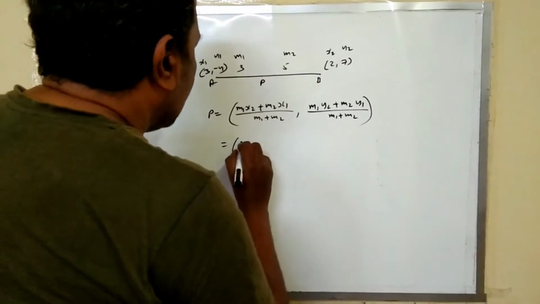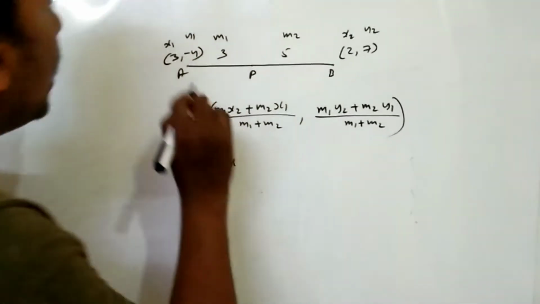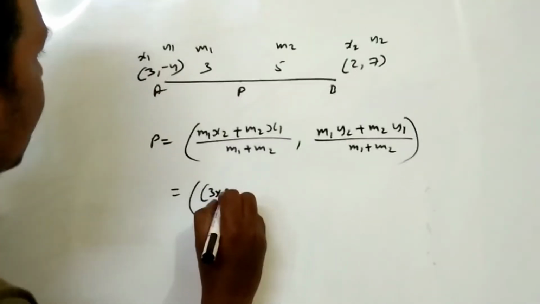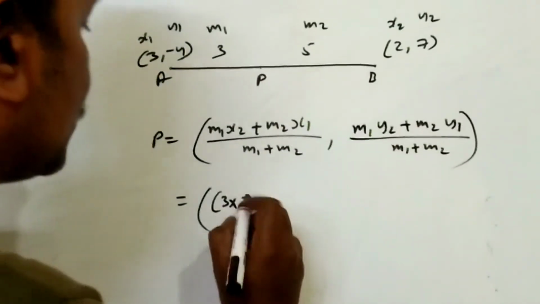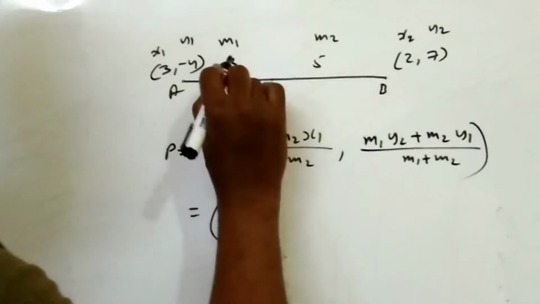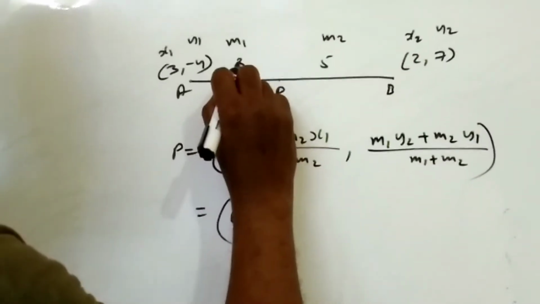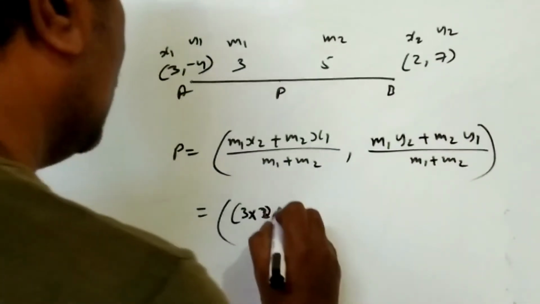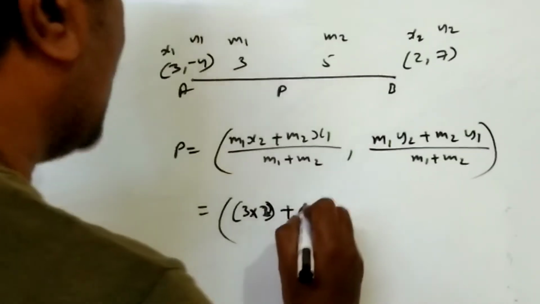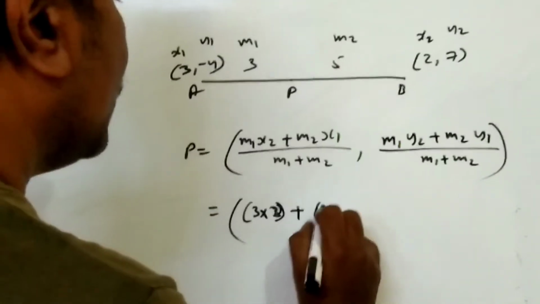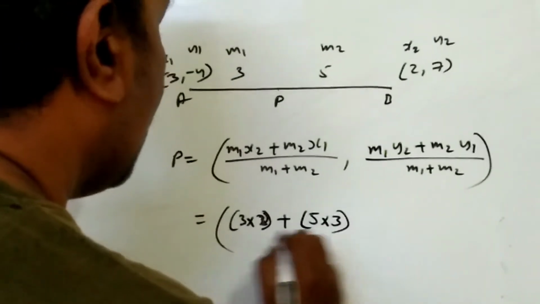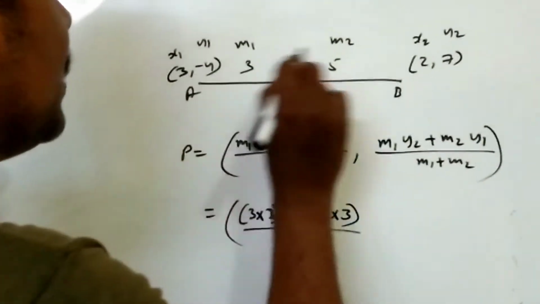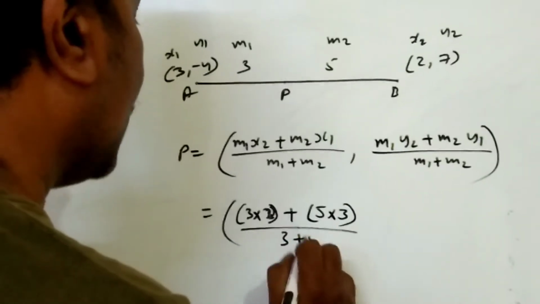m1 is 3, x2 is 2, sorry. So m1 x2 is 3 into 2, plus m2, 5, into x1, 3, by m1 plus m2, 3 plus 5.